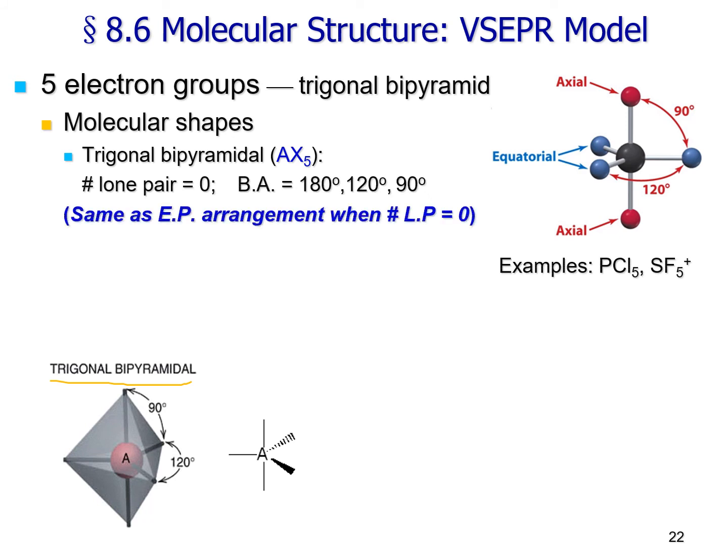Again, in order to have a molecular shape the same as the electron group arrangement, there must be no lone pair. And you see the bond angles are equal to those typical angles: 180 here, and we see 120 among those electron groups in the equatorial, and 90 between the axial and the equatorial.